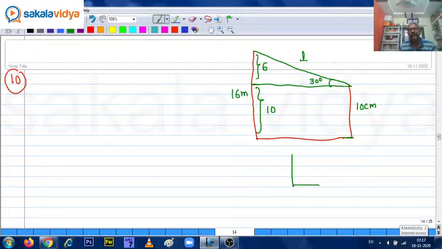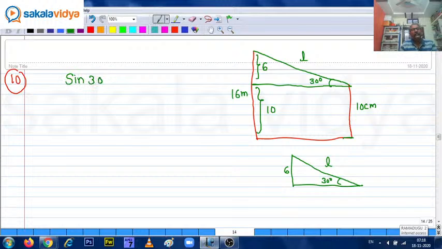This triangle looks like this. This is L, this is 30 degrees. This is 6. For the 30 degrees, opposite side is 6, and L is the hypotenuse. Opposite to hypotenuse is the sine ratio. So apply the sine ratio.